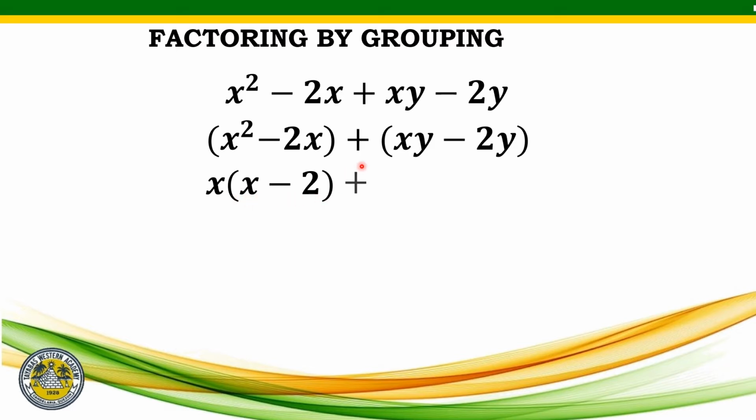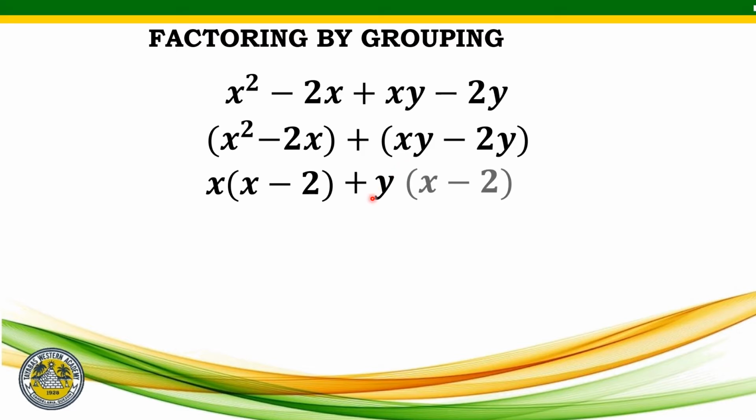Bring down natin yung plus sign. Then ano yung common sa pangalawang term natin or sa pangalawang group? So parehas silang may y. Y lang yung isang term, so kaya hindi natin gagamitin yung 2. Ilalabas natin si variable y. Then i-divide natin dun sa terms sa loob ng parenthesis. So xy divided by y, ano yung magkaparehas? Cancel na lang natin yung magkaparehas na yan.